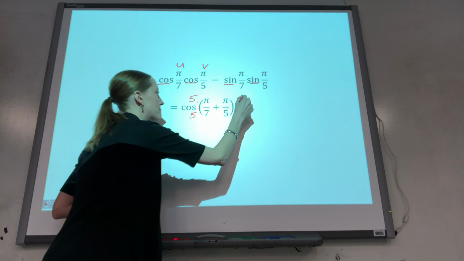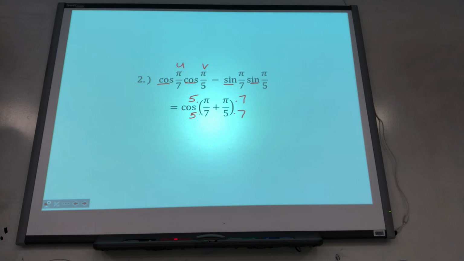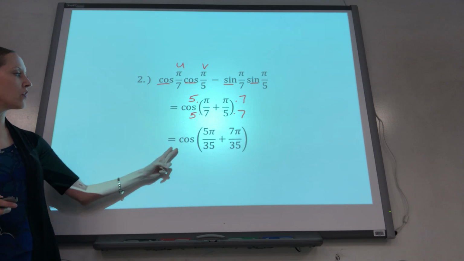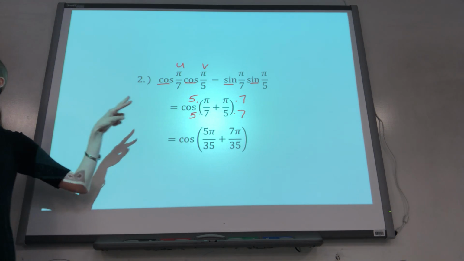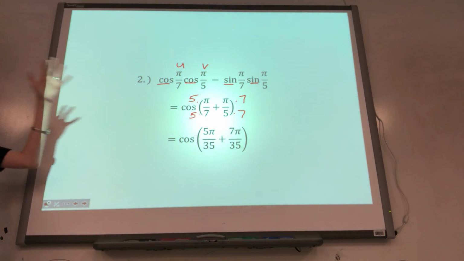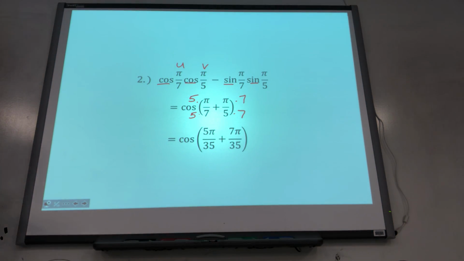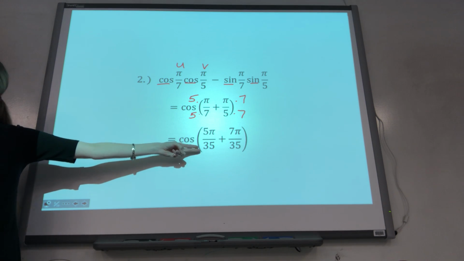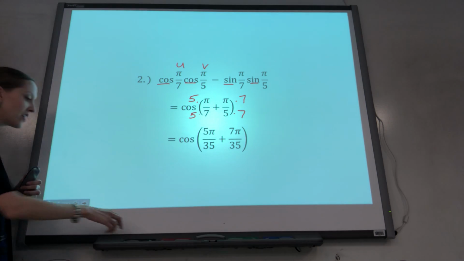The second times 7 on top and bottom. And here we go. This turns into cosine of 5 pi over 35 plus 7 pi over 35. I'm just showing you what it looks like with the common denominators.